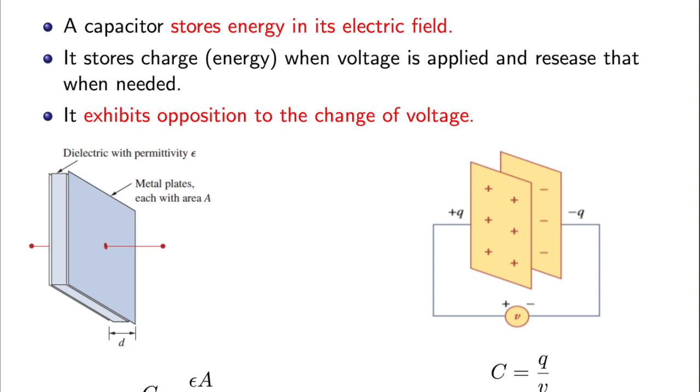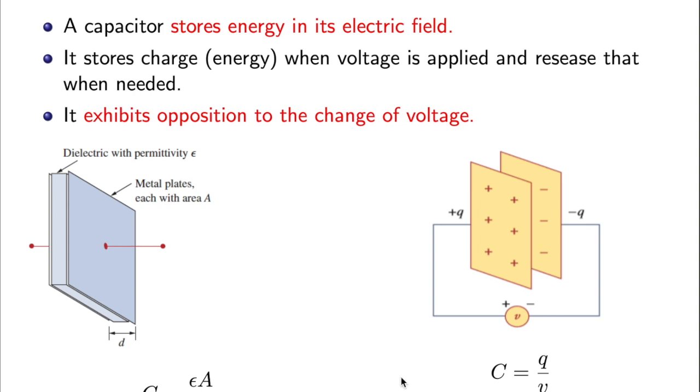This is the expression of the capacitance for a parallel plate capacitor. C is equal to epsilon A upon D. Epsilon is the permittivity of the dielectric material between two parallel plates. A is the area of the parallel plates. D is the separation of the plates. So as suggested, it is working as a charge storage.